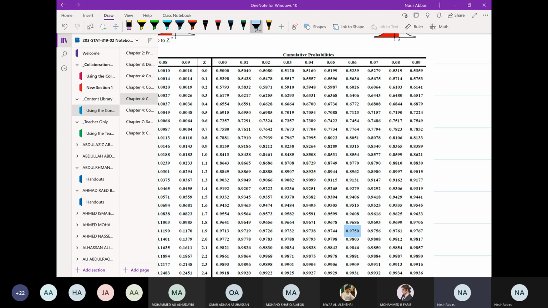I will not always be lucky, keep that in mind. So I got 0.975, and this is corresponding to a value of z which is 1.96.